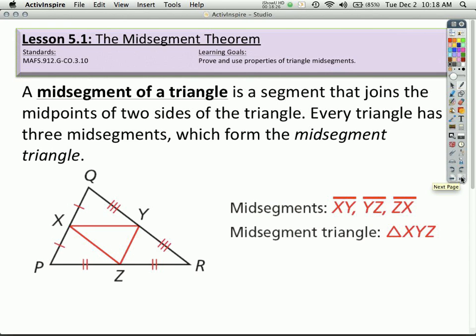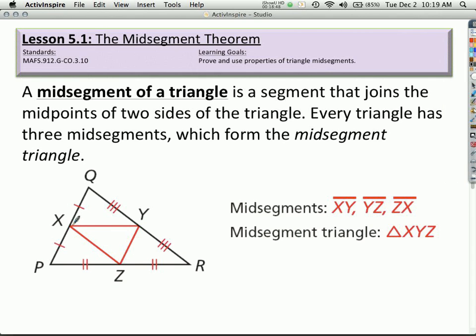A midsegment is a segment that joins the midpoints of two sides of a triangle. Every triangle has 3 midsegments. You can see in this picture that these lines inside the triangle are each a midsegment.